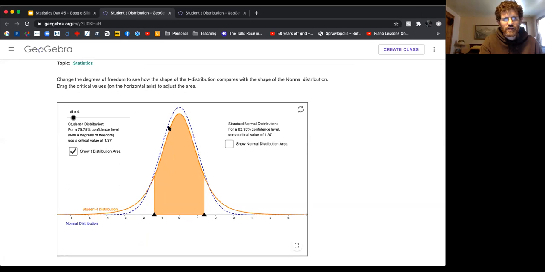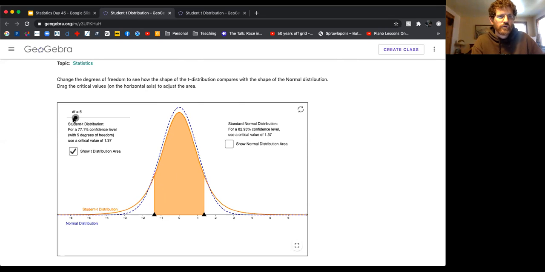The orange is what's called a t distribution, also called a student's t or student t distribution. Student comes from the fact that when this was being formalized and written about, it was written by someone who just labeled themselves as student. You can look more into that story. It's not important for us.